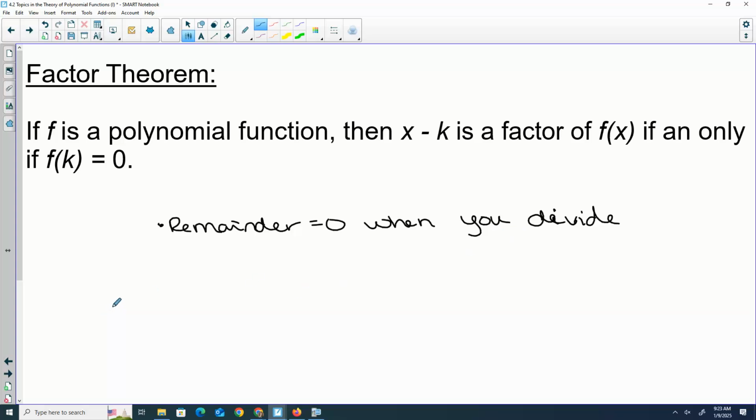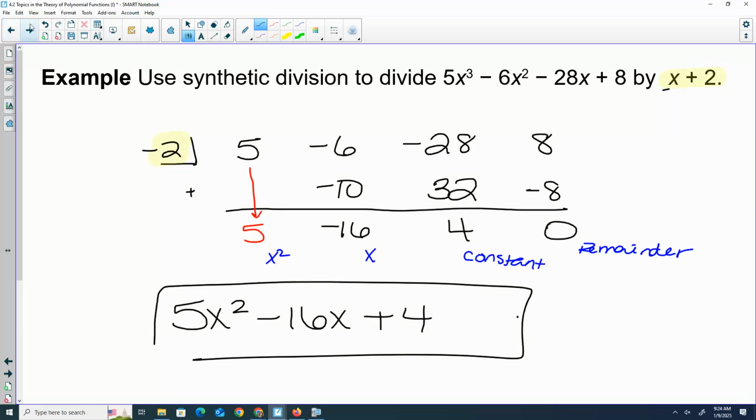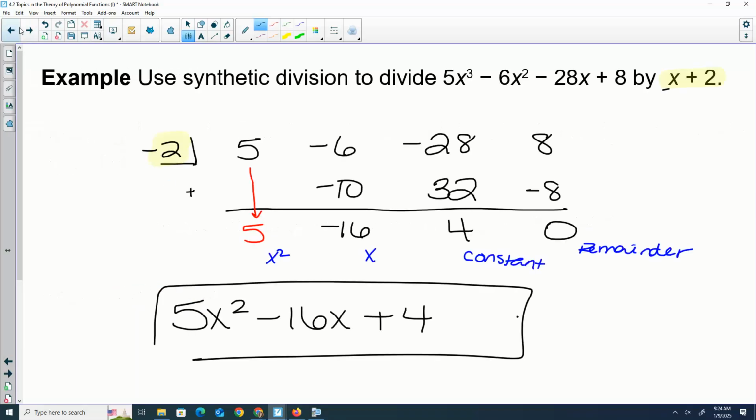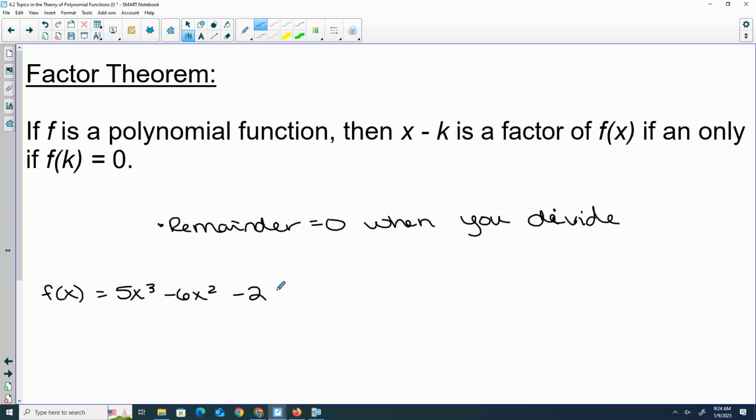So on the problem we just had, it was 5x cubed and we were dividing by x plus 2, right? So we did the synthetic, we got a remainder of 0. What happens if you do f of negative 2? So grab your calculator if you need to, plug negative 2 in for all of your x's, and tell me what you get out.